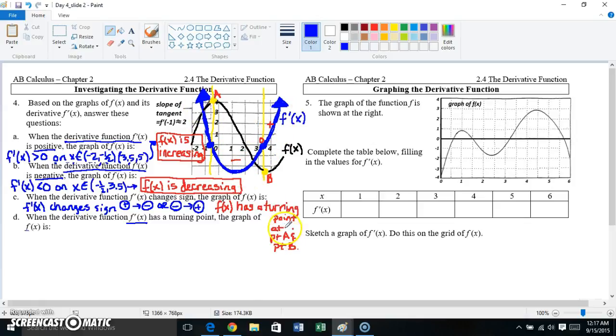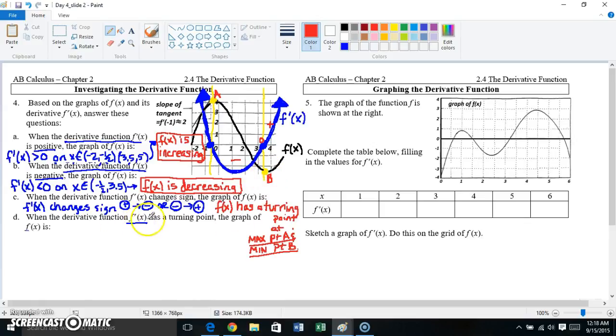Notice the turning points happen at either a maximum or a minimum. Okay, so point A was a max, it was a high point on our graph, and point B was a min. It's a low point on our graph.